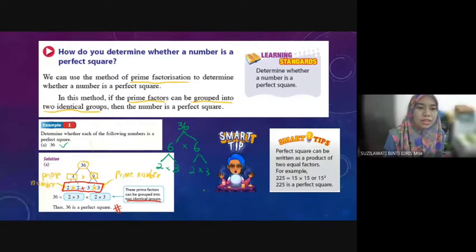The prime factors are grouped into 2 identical groups. So, whatever number you choose to multiply at first, at the end of the process, you get 2 identical groups. Do you understand?